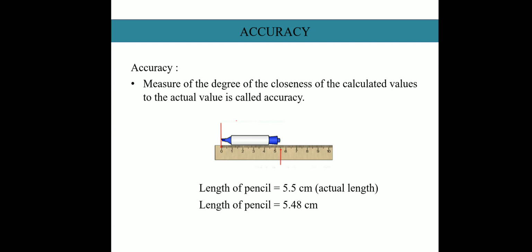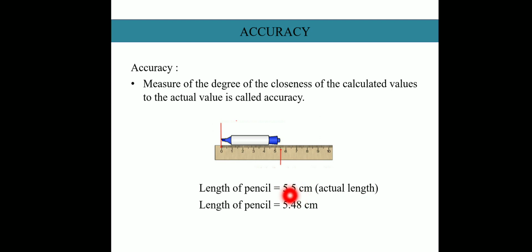So if we compare these two values, 5.5 and 5.48, see, our measurement is very close to the actual value. Okay, the length that we have obtained using the scale is very close to 5.5. 5.48 is almost equal to 5.5 centimeter.